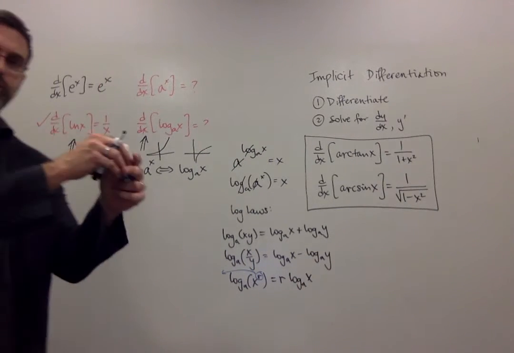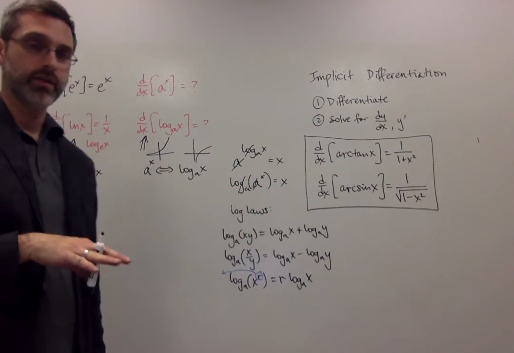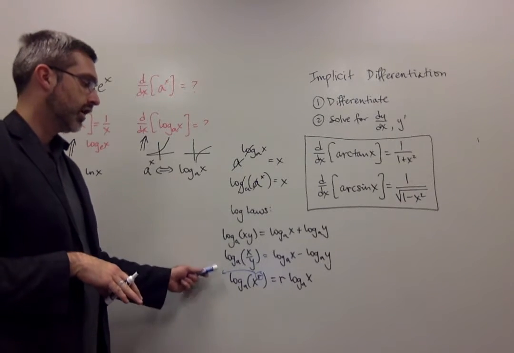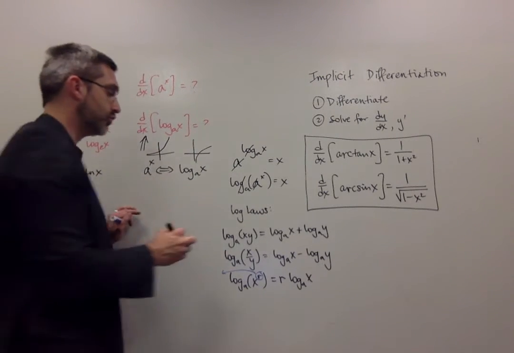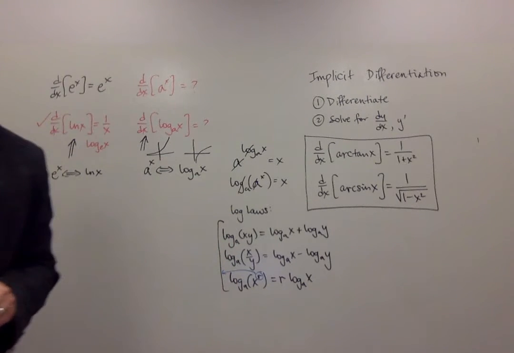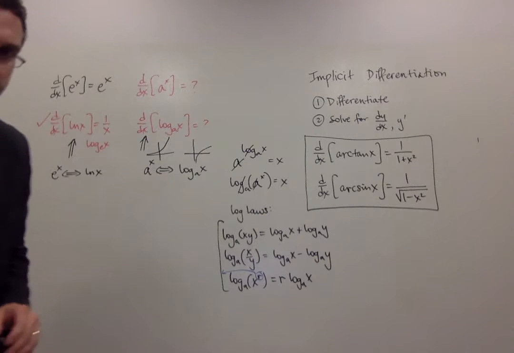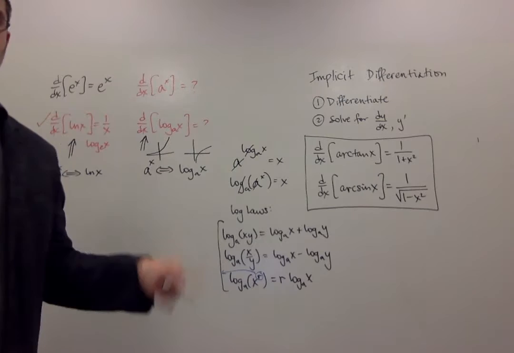If you have a power inside the log, you can bring it out as a coefficient in front of the log. These 3 laws are really nice laws for logarithms, and you should remember these. There's a 4th law that I'm going to use that you may or may not have seen.